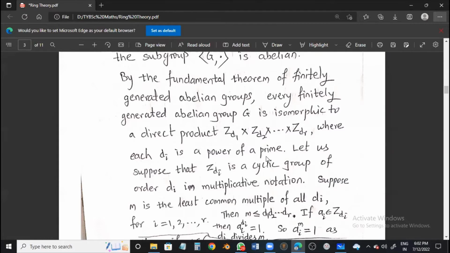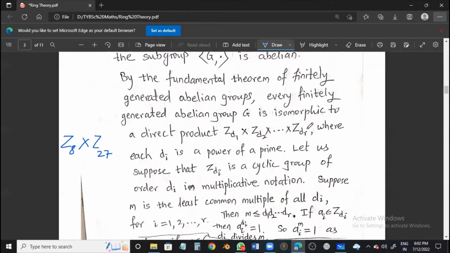So you may have Z8, 8 meaning 2 cube. You may have cross Z27, 3 cube. And so on. So you have powers of primes. D1 is a power of prime, D2 is a power of prime, DR is a power of prime, likewise.